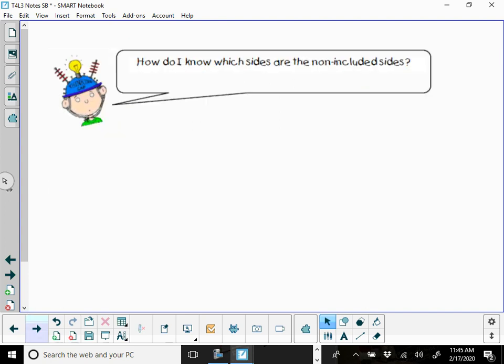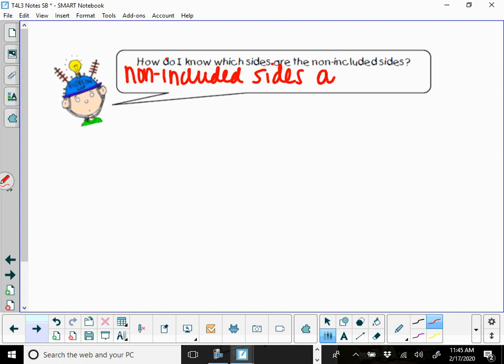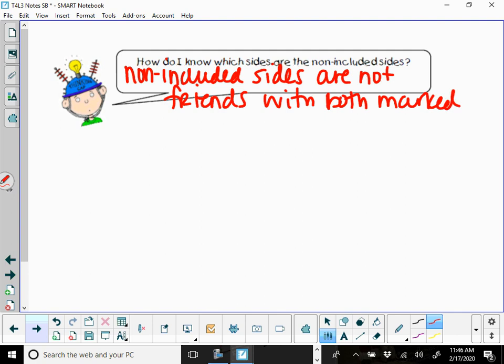All right, so how do I know which sides are non-included sides? Non-included sides are not friends with both marked angles.